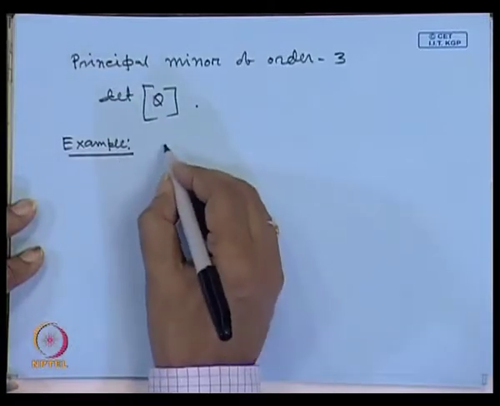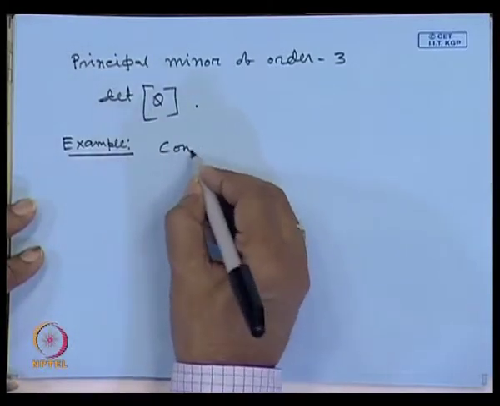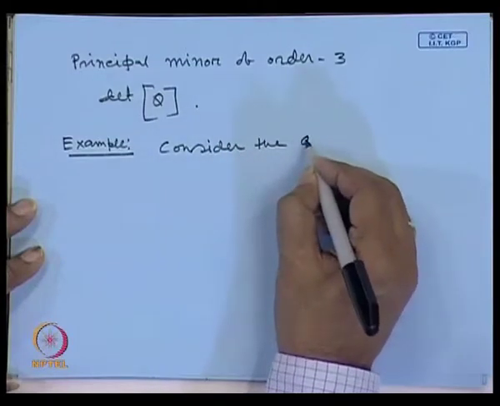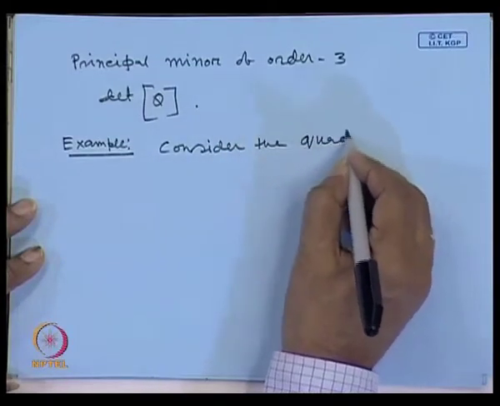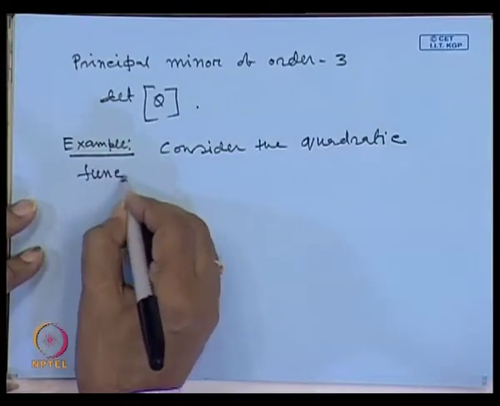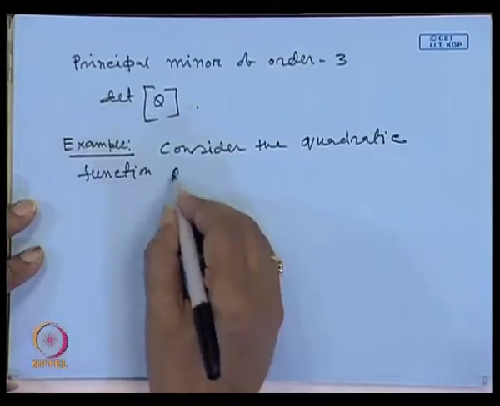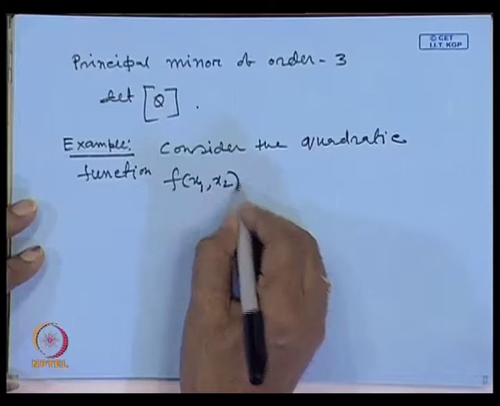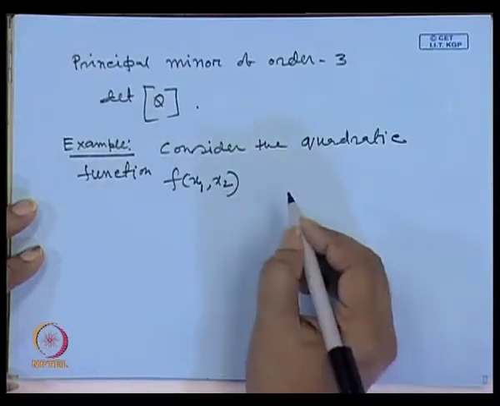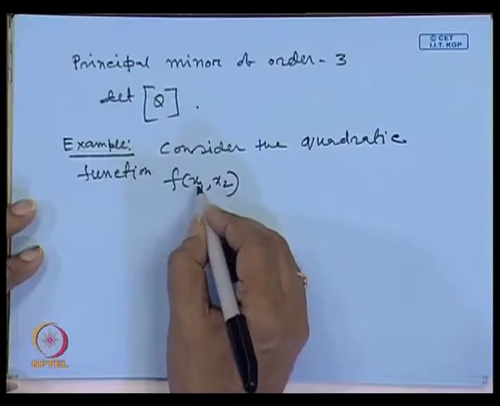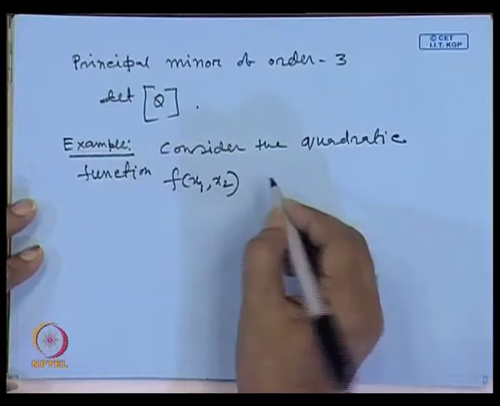So, consider the quadratic function f of x 1 and x 2. I can write in short as a function of x, where x is a vector whose dimension is 2 cross 1, one variable is x 1, another variable x 2.